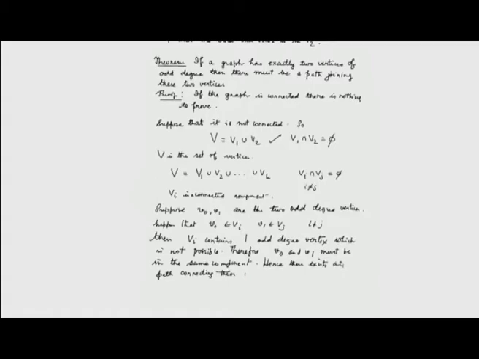Now, we move on to another theorem related to connectedness, which gives me an upper bound of the number of edges that a simple graph with k connected components can have. Now, let us move on to the theorem.